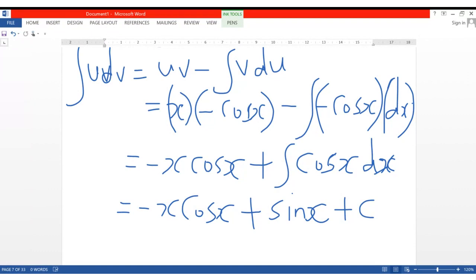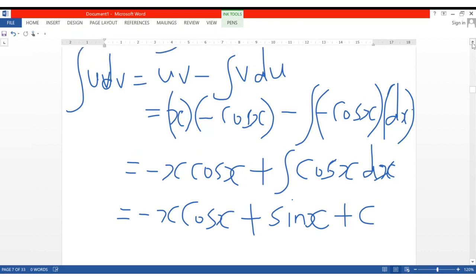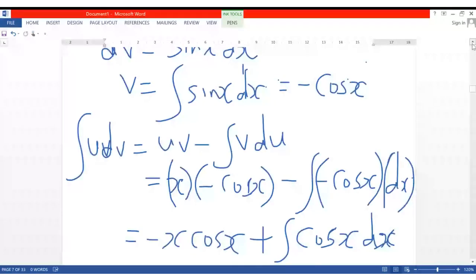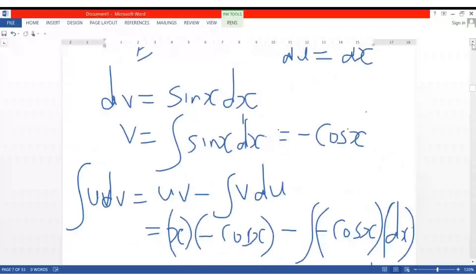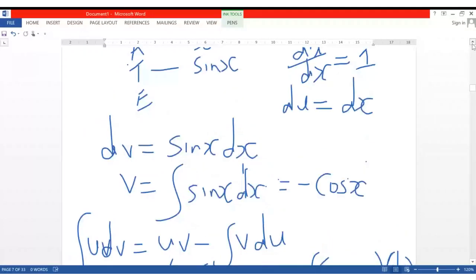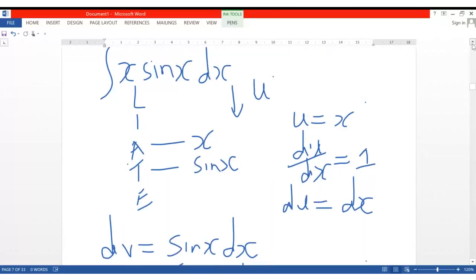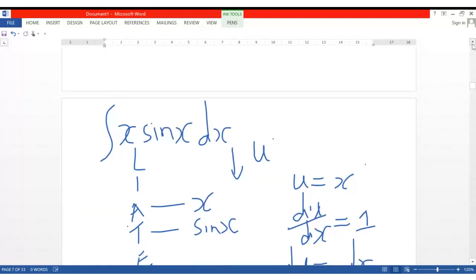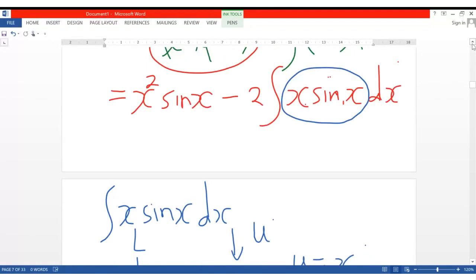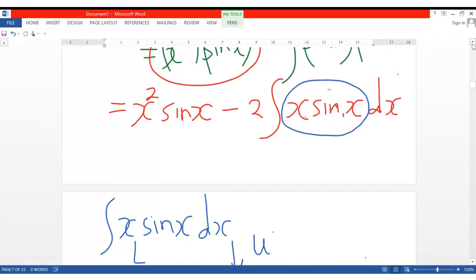So I go back to the equation that I had, because now I've been able to integrate the function that I wanted, and I replace it. What did we have before we integrated that one? You must always be able to go back. What we had before integration was x squared sin x minus the integral of 2x sin x dx.